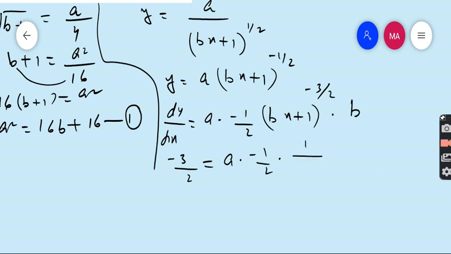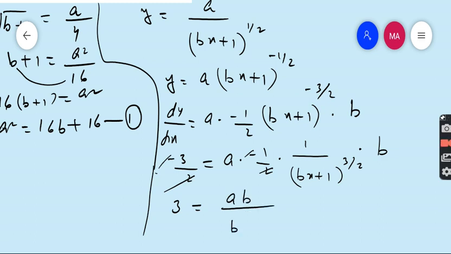It will be 1 upon bx plus 1 to the power 3 upon 2 into b. Now see carefully. This minus cancels by this minus. This 2 cancels by this 2. Now what is remaining? 3 is equal to a into 1 into b, which is ab, upon bx plus 1 to the power 3 upon 2.